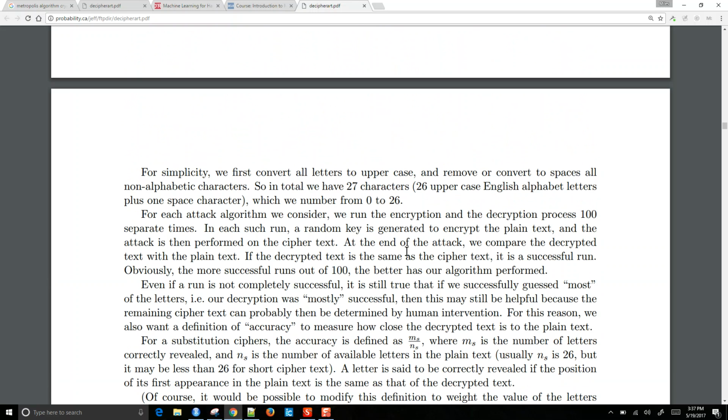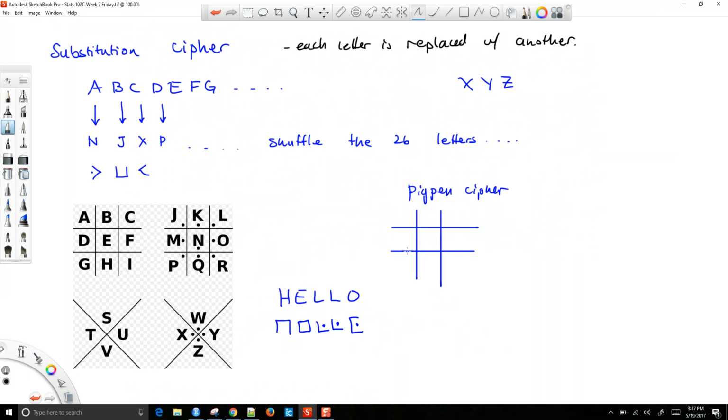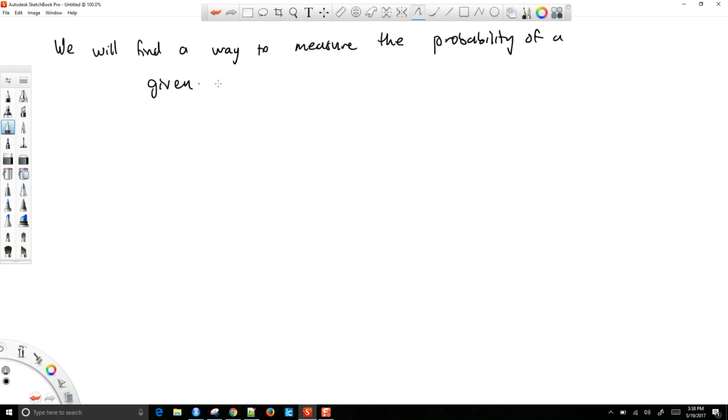Okay, this part gets a tiny bit complicated, but we need a way to measure, and we'll discuss this next week, the probability of a given cipher.